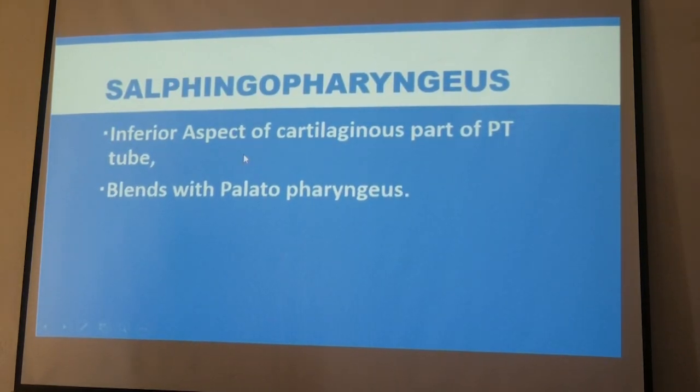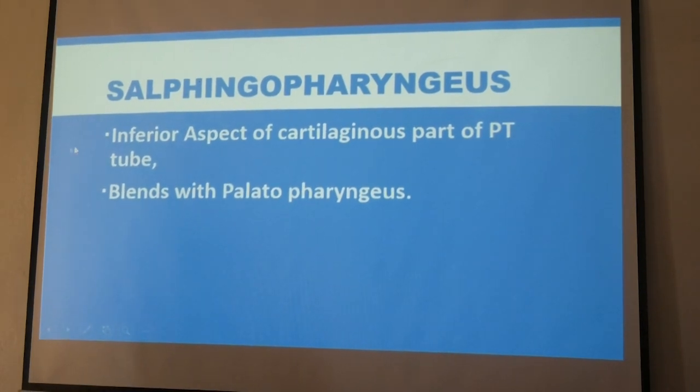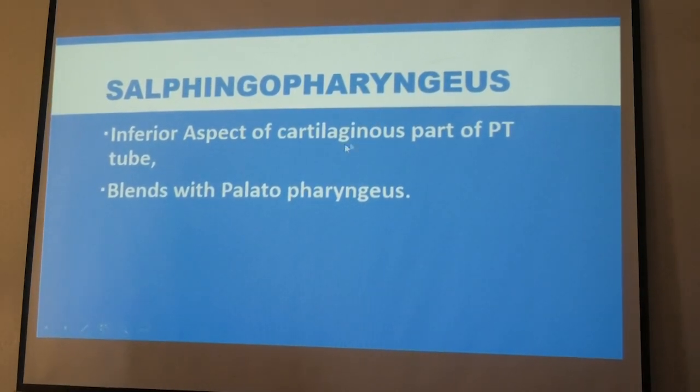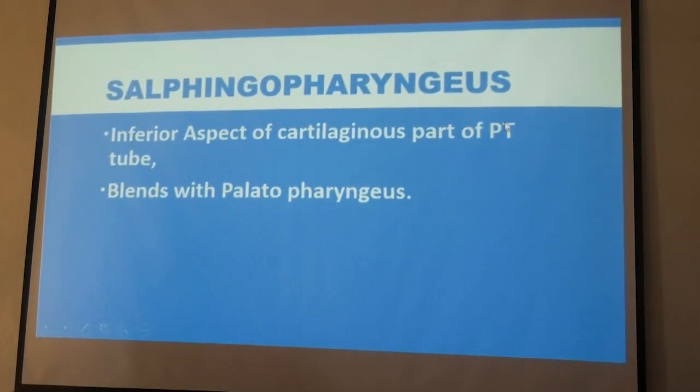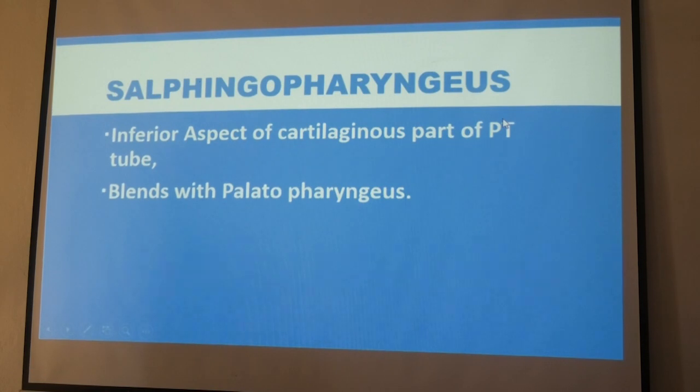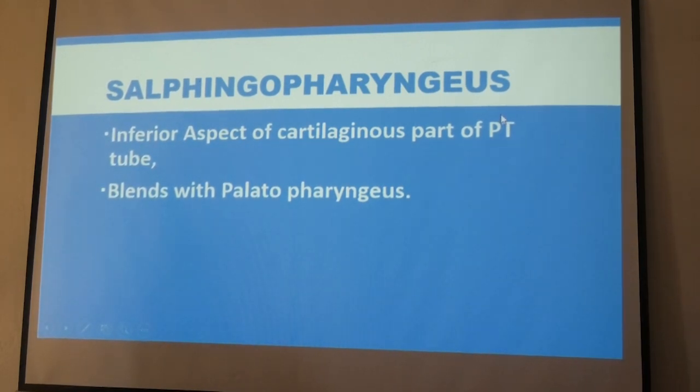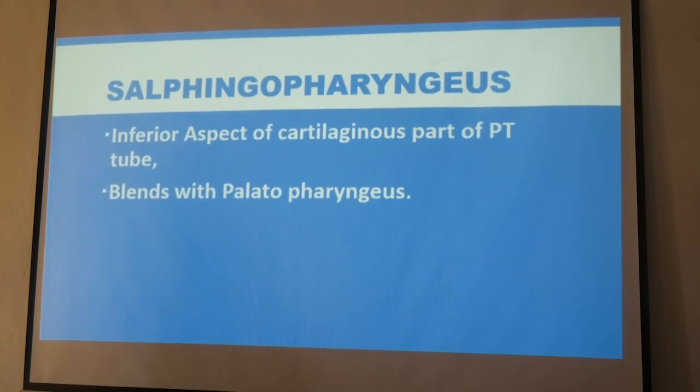Next is the salpingopharyngeus. It arises from the inferior aspect of the cartilaginous part of the PT tube. The eustachian tube is partly cartilaginous, partly bony, just like our ear. Which part is cartilaginous in our ear?